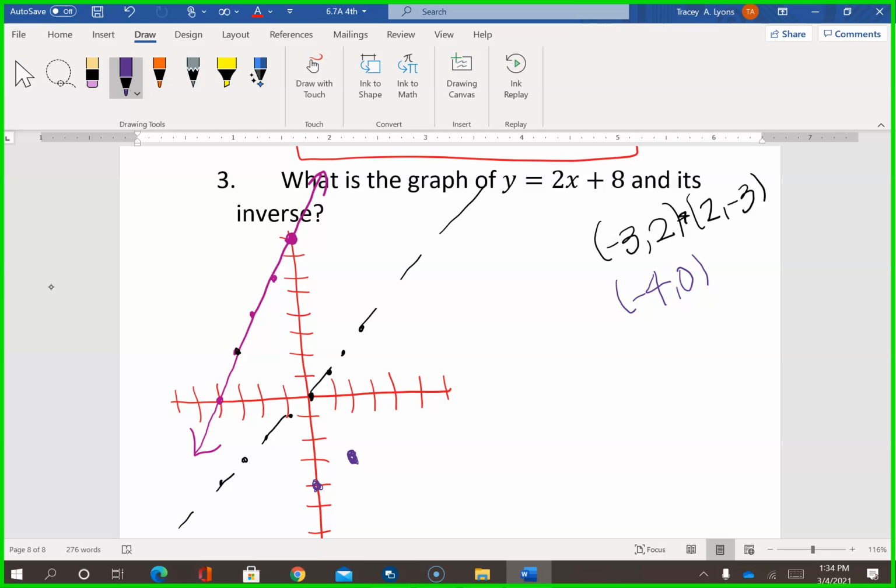So let's do negative 2, 4, which becomes 4, negative 2. And of course that would be up 1, right 2. Instead of down 2, left 1, it's up 1, right 2.